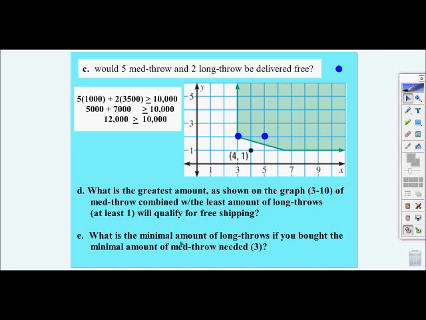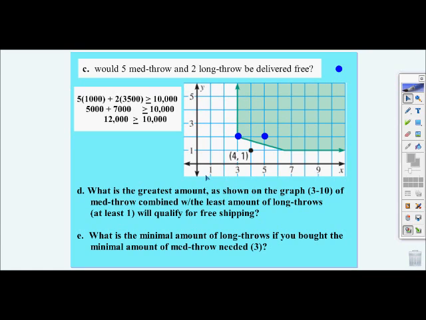Then I checked to see what is the minimal amount of long throws if I only buy the minimal amount needed of the mediums. So I needed only 3, and this would be the minimal amount I could buy here. Now, if I had no budget, I could go with 3 mediums, and I could buy an infinite amount of the long throws.